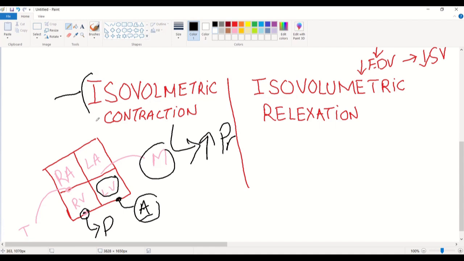So isovolumetric contraction means volume remains the same but pressure is increased. The significant event in isovolumetric contraction is which heart sound?